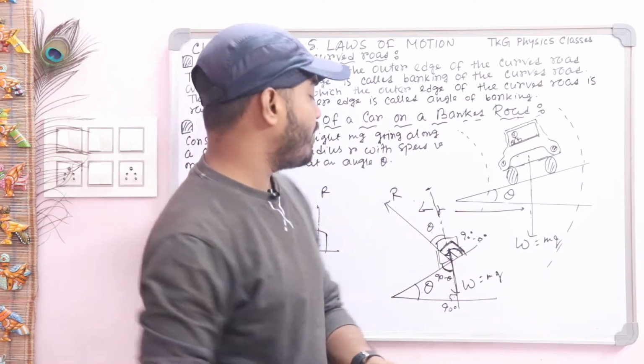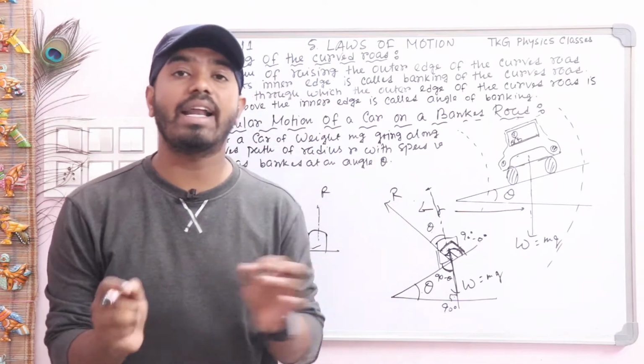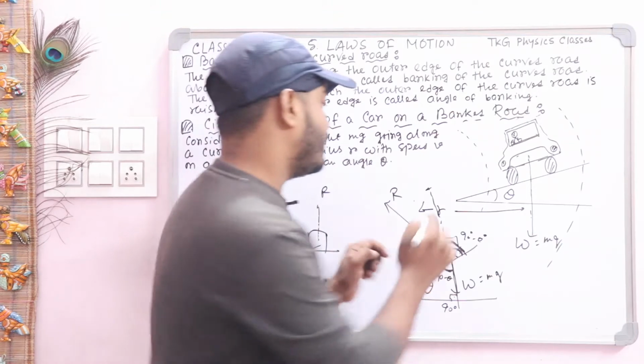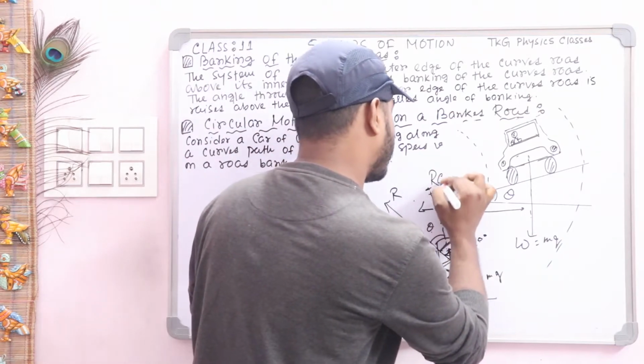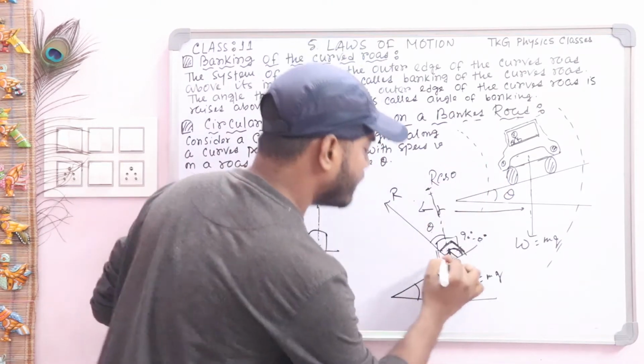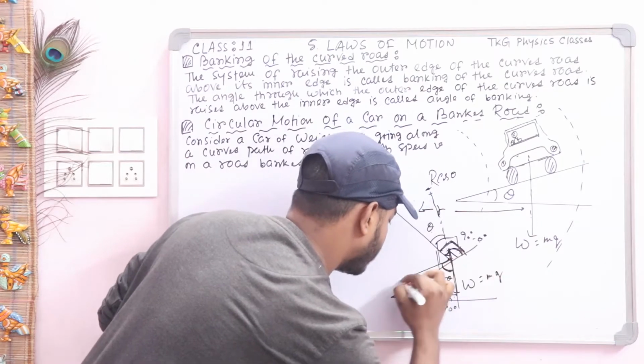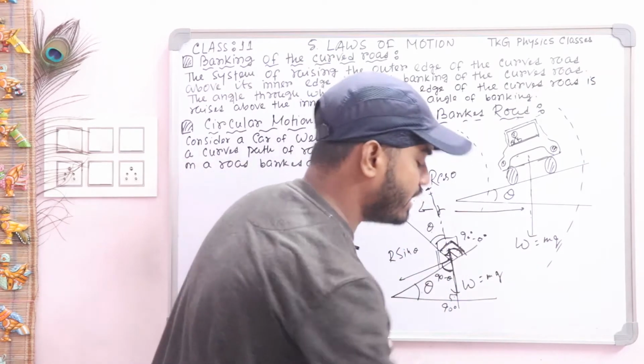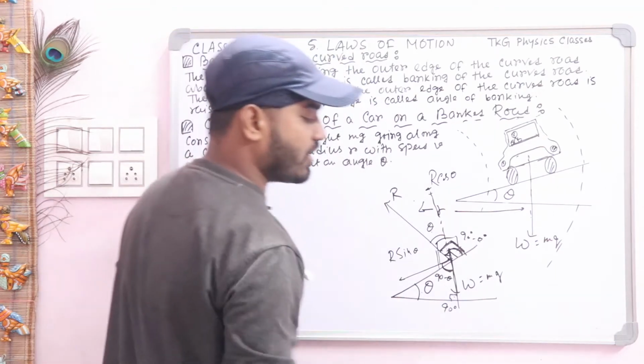Now here you see the normal reaction force R has two components: R cos theta, and another component, R sin theta. So at first, write the forces acting here.